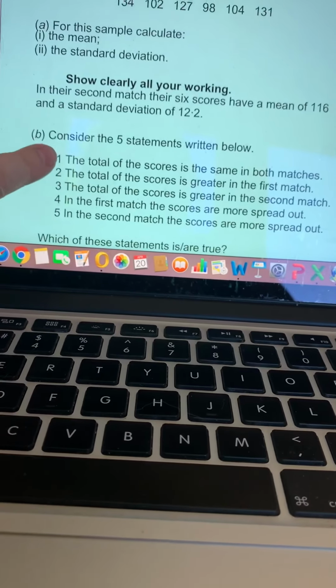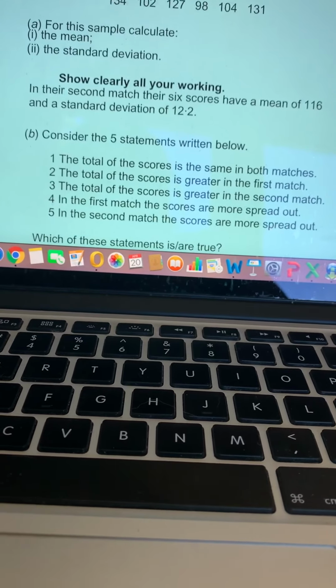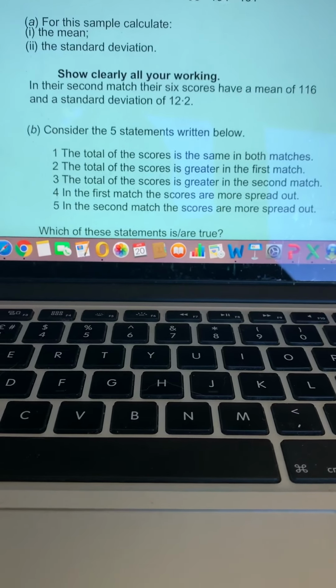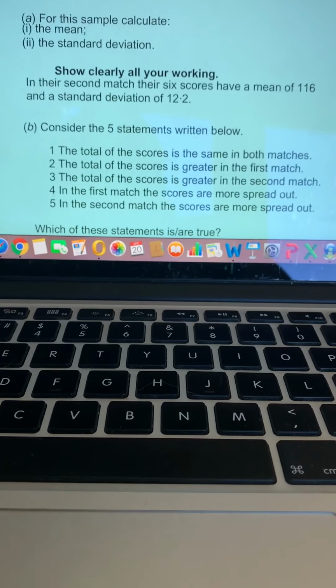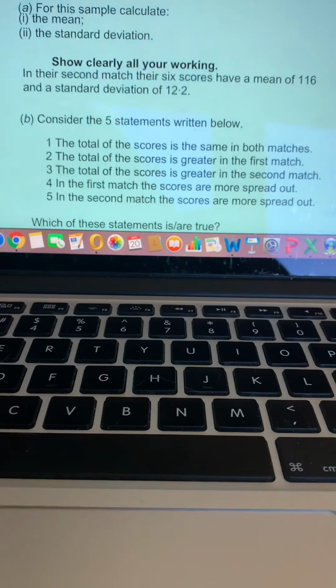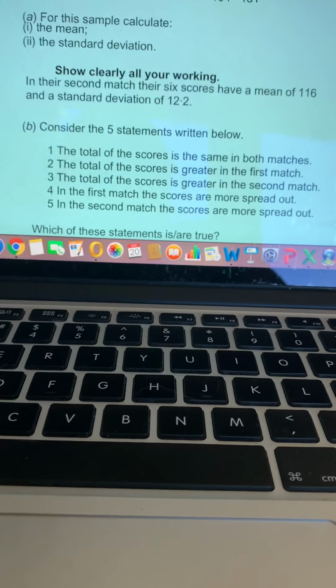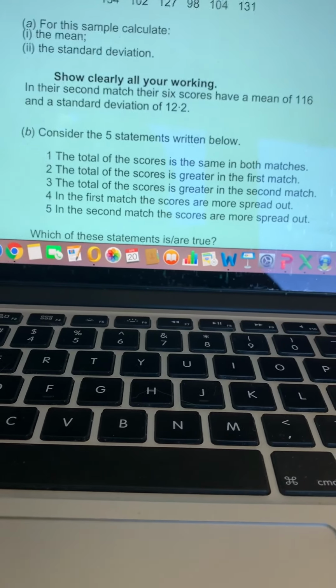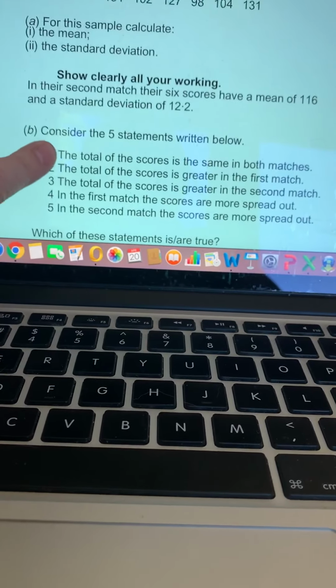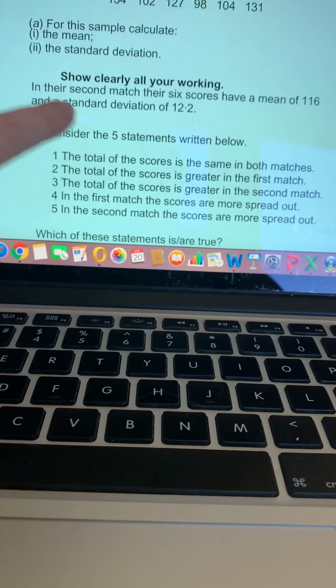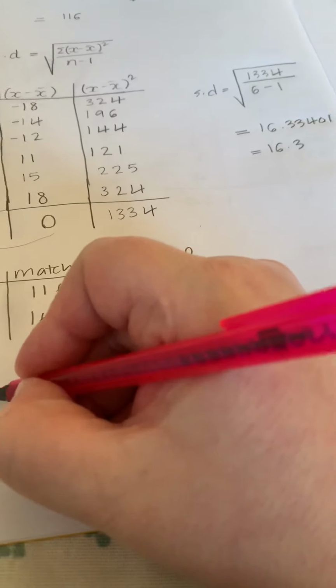So that means that even though we don't actually know what the scores are for the second set of data, we know that they added up to the same thing that when it gets divided by 6 comes to 116. So actually that must be the same as the first set of data because they had a mean of 116. So the total of the scores is the same in both matches. I would agree with that. I think that one's true.